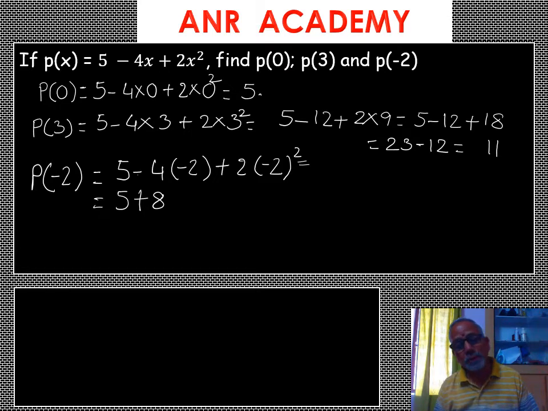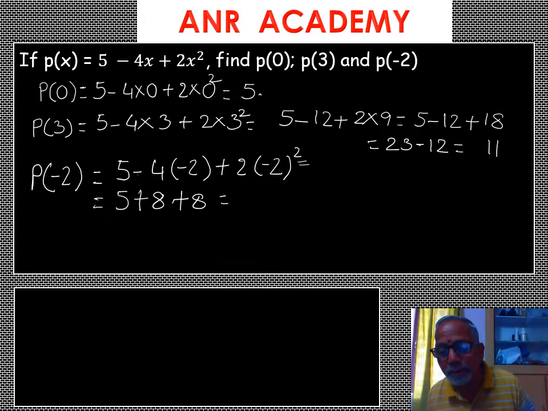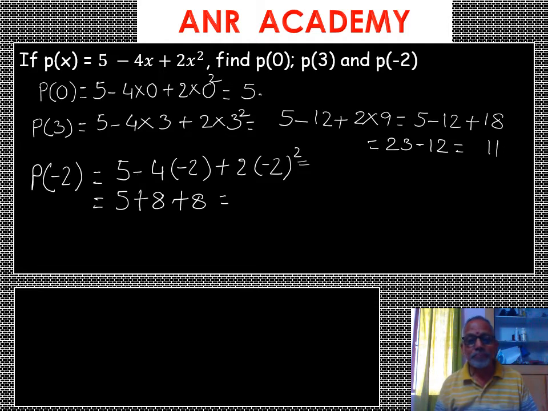Plus 2 into plus 4. How much? Plus 8. That means 8 plus 8, all three have the same sign, plus, add. 8 plus 8 is 16. 16 plus 5 is 21. Clear?